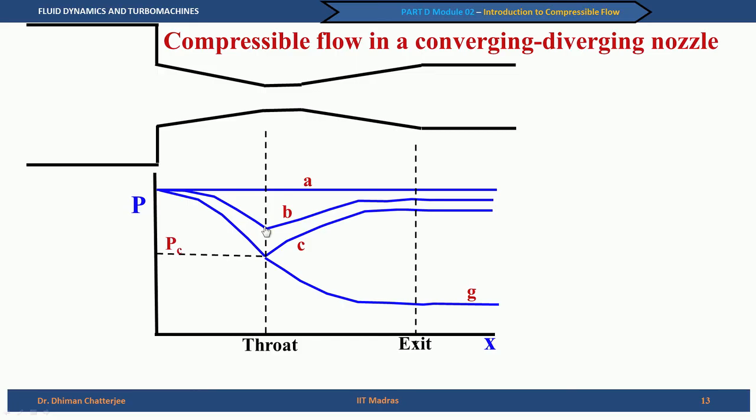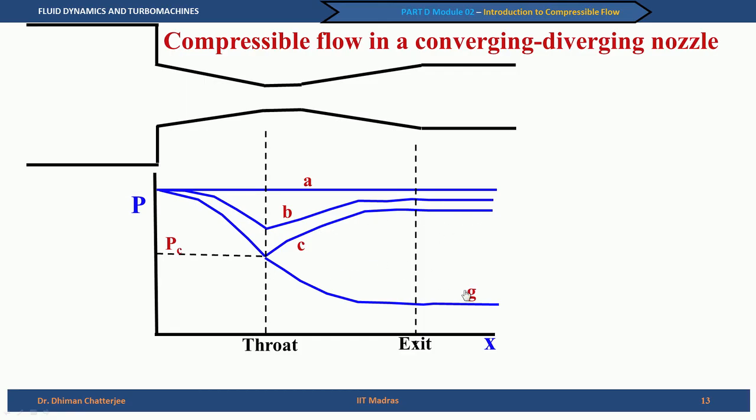In case of B, the sonic speed has not reached in the throat. In case of C or G, the sonic speed has reached, but the back pressure corresponding to the curve C is such that the flow is subsonic, and we get the upper limb of this curve.